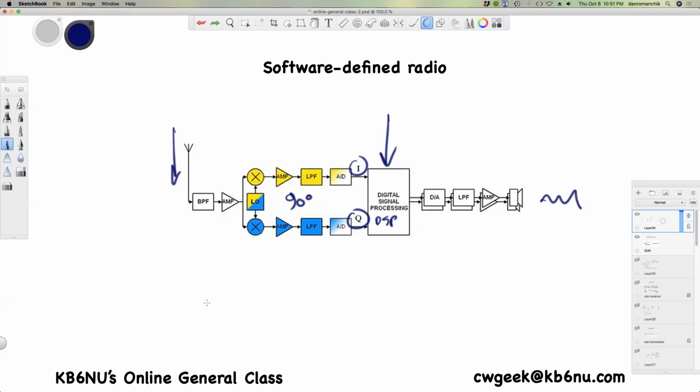Question, Dan. Yep. So in that digital signal processor there, is that software set in there, or is this software that can be changed or loaded? I mean, what is that thing? Well, good question. The answer is yes and no. If you bought an IC 7300, it's got a digital signal processor in there, and you can't do anything with that, okay?